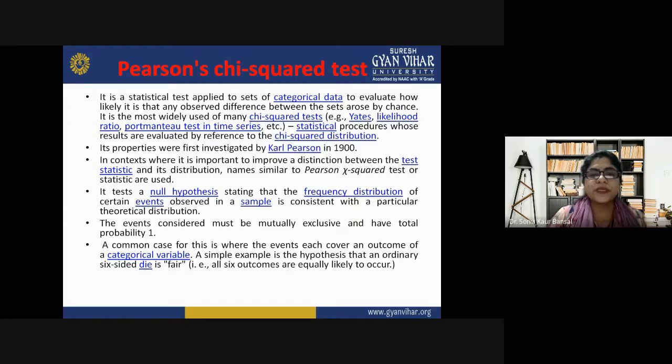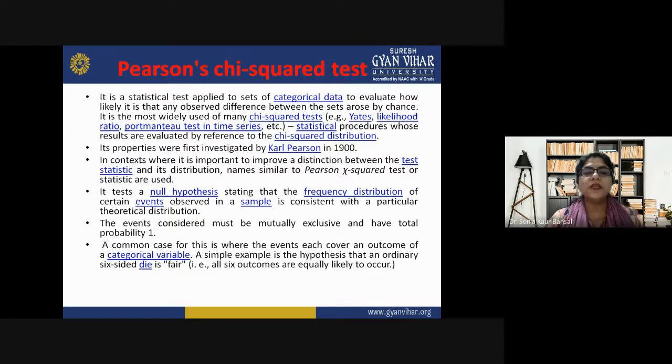Its properties were first investigated by Carl Pearson in 1900. All right, so just remember that chi-square's properties were first investigated by Carl Pearson in 1900, in a context where it is important to improve a distance between the test statistics and its distribution.